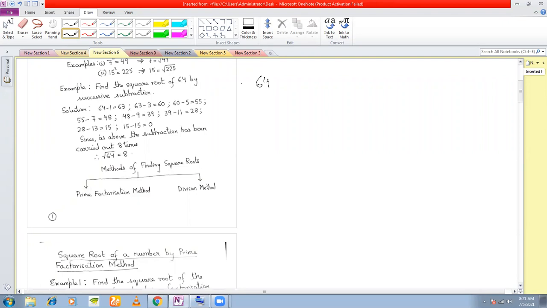How do we express? I think I showed you in the last class how to express 64 as a sum of odd numbers. Keep subtracting odd numbers. So 64 minus 1, we get 63. 63 minus 3, we get 60. You get 60, next is 5. You get 55, then subtract the next odd number, which is 9.